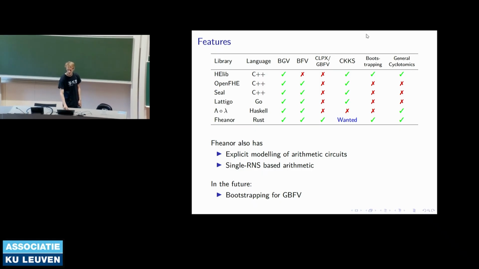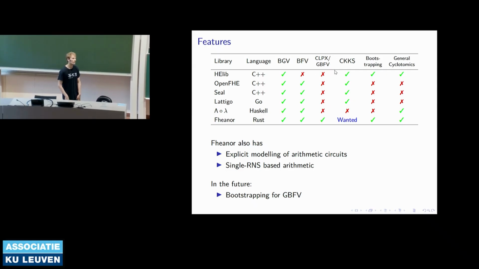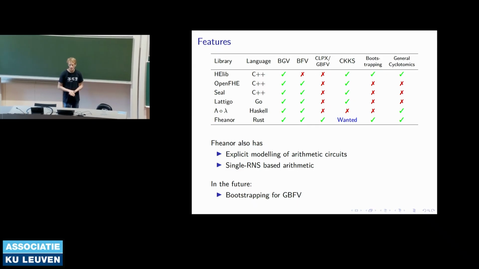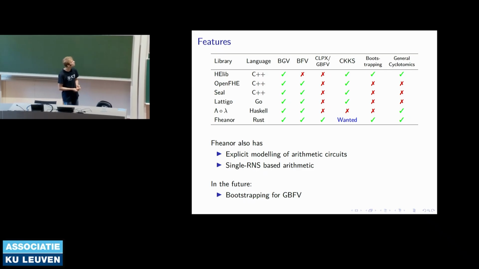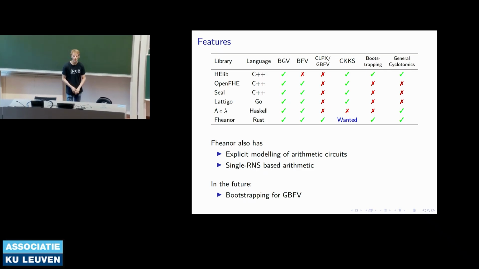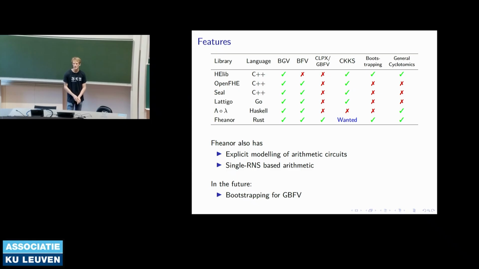And since, until Robin's work, the CLPX and GBFV schemes weren't a big topic, they're also not yet implemented in any library except Fheanor.